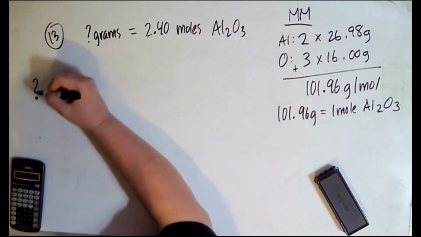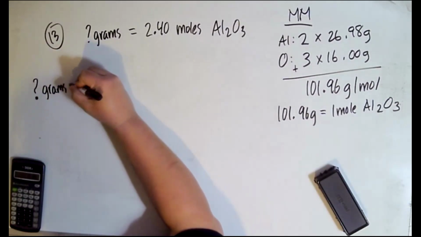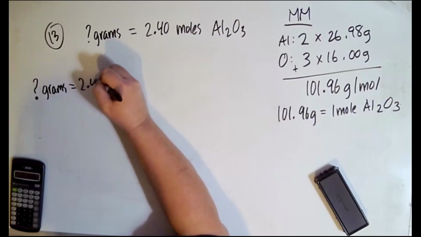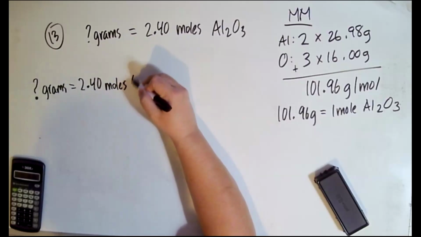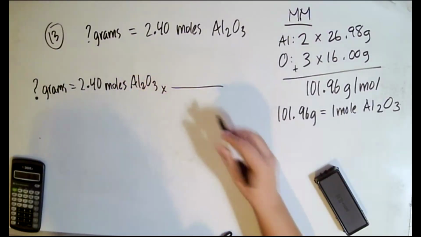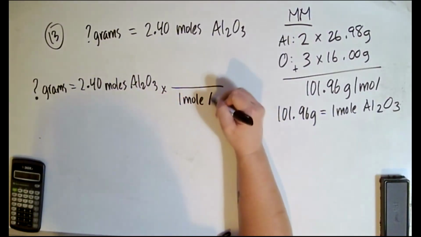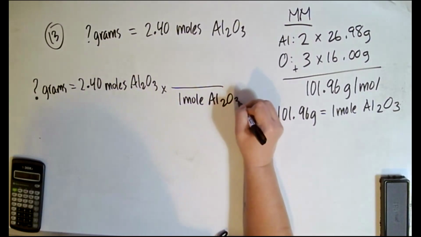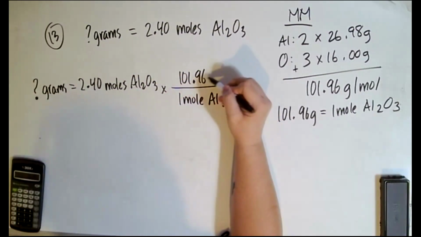And the question is how many grams are going to be in 2.40 moles of Al2O3. And we know from our conversion factor that every 1 mole of Al2O3 is going to be 101.96 grams.